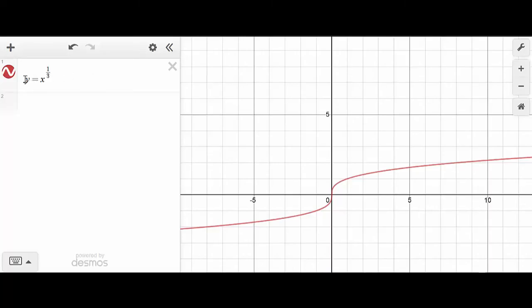Okay, so I've put this function in Desmos, the cube root of x, which is what we differentiated. And you can see here, it looks like at 0, there's a vertical tangent. And remember, that was one of our conditions where we said, okay, the derivative's not going to exist there. So there is what that would look like.